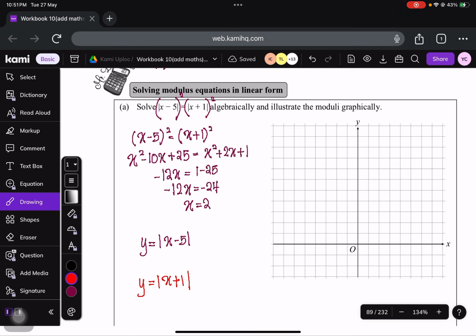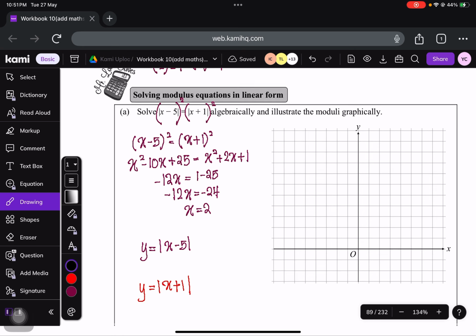Okay? Now, we will first need to identify the vertex. I like this method because sometimes in exam questions, they give us funny things. So if you don't identify your vertex, it's very hard for you to draw. Now, what is a vertex? Vertex is basically a sharp point that we are considering.